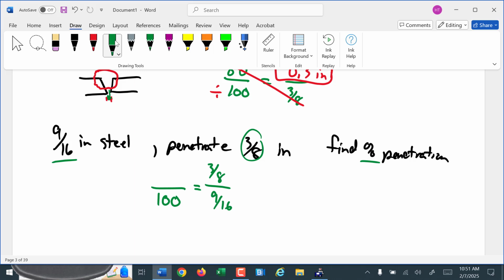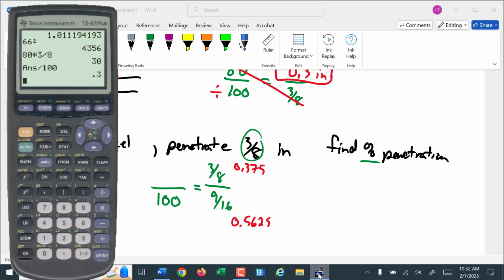To make this work, you either have to convert your fractions into equivalent decimals, which isn't bad. You just do 3 divided by 8 is 0.375. 9 divided by 16 is 0.5625. Or you can use some parentheses. I'll use the parentheses since I know you guys can do it with the decimal form. 100 times 3 divided by 8 gives us that cross multiplying.